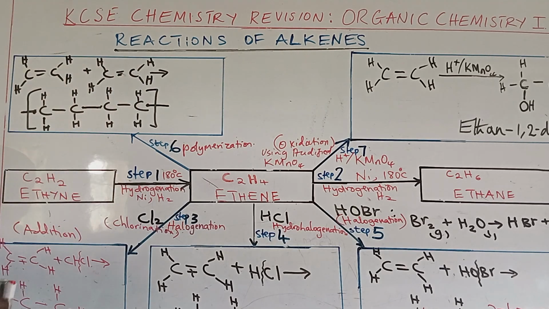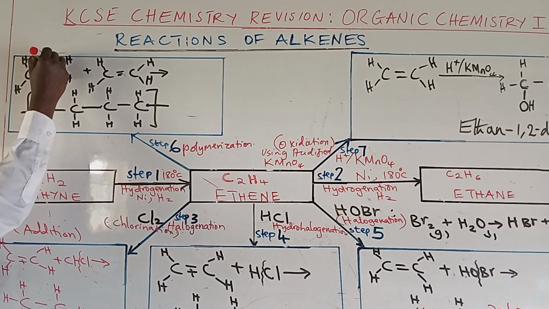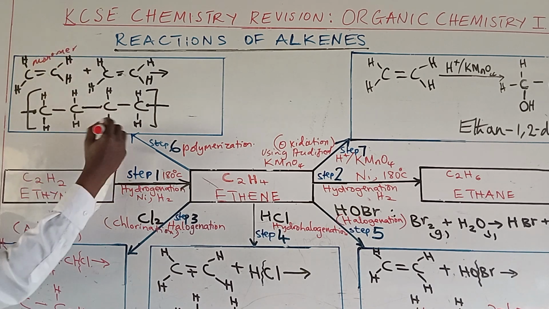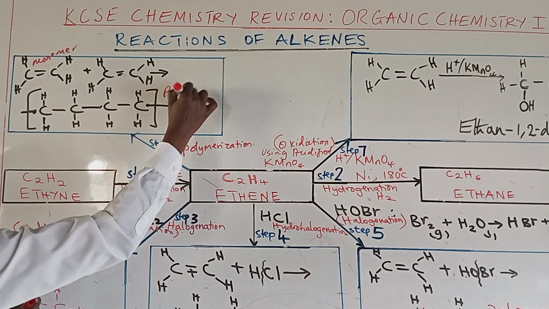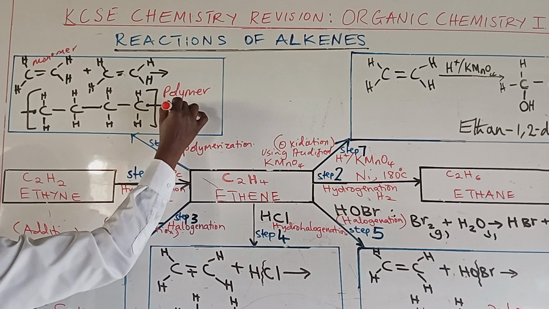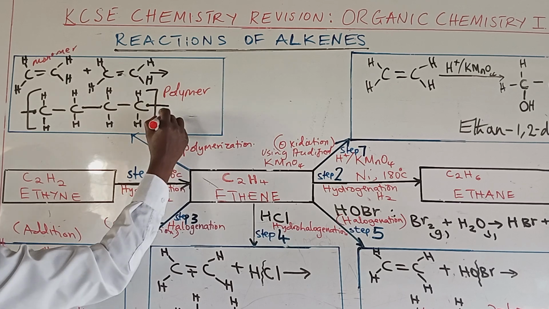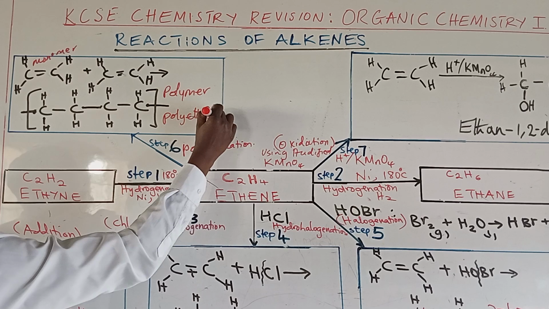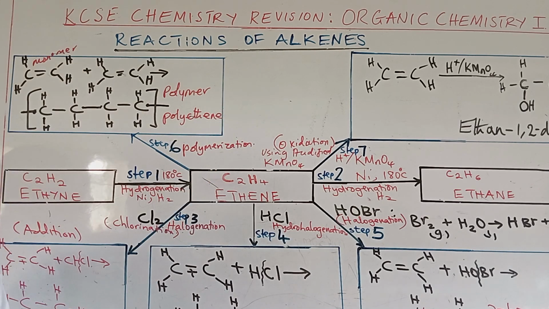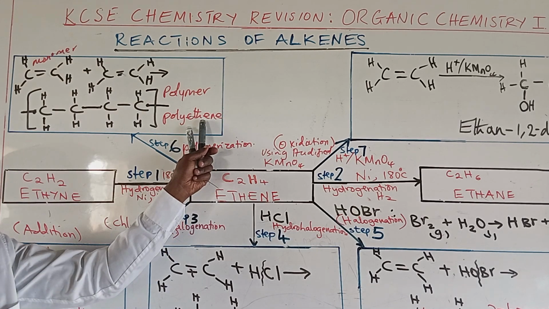These are 2 monomers of ethene, that is, this is an ethene monomer, and this is the ethene polymer. This is the polymer, which we call polyethene. I'd like you to be cautious about the name.